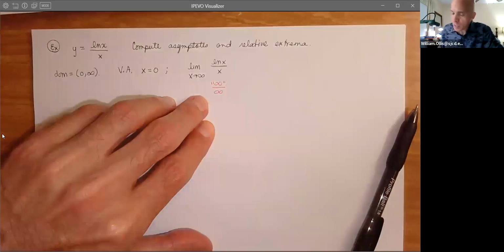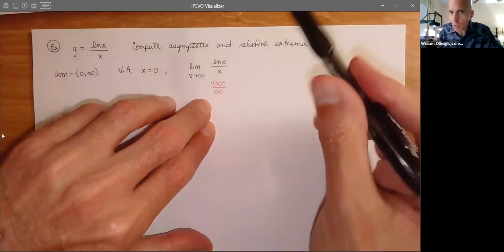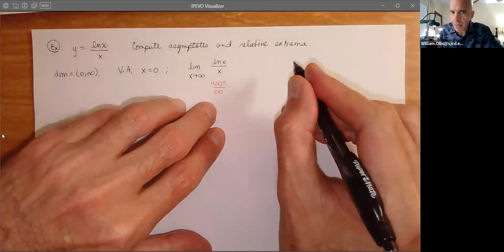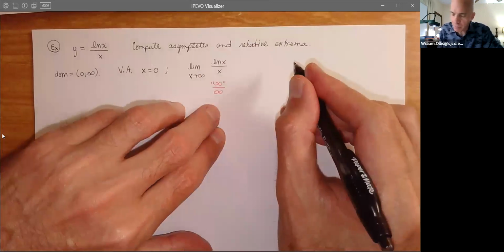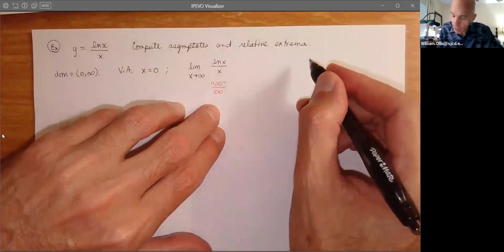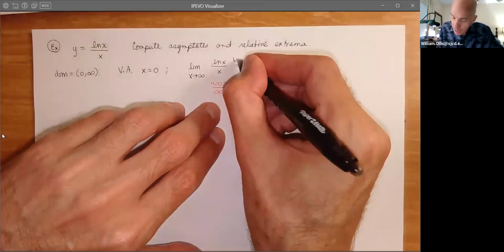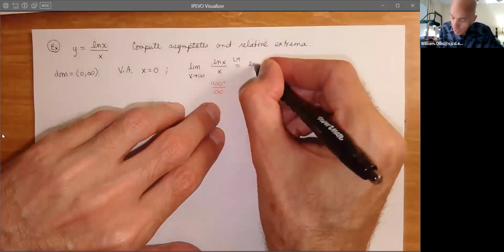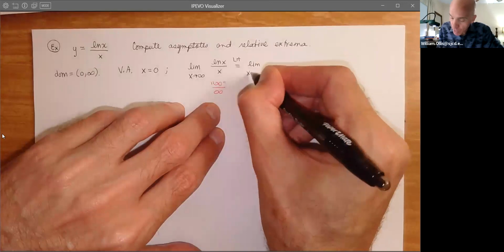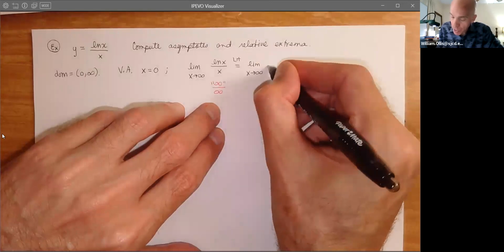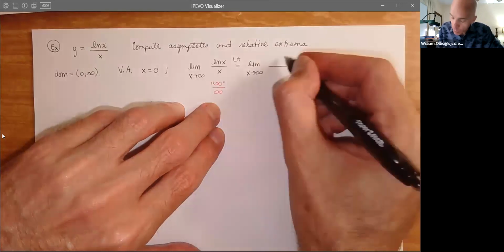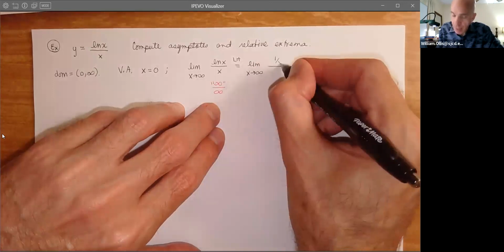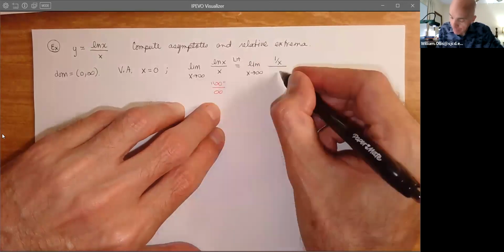But we pretty much feel that x grows faster than ln of x, but whatever, we can apply L'Hopital. So by L'Hopital, we get the limit as x approaches infinity of the derivative of ln of x, which is 1 over x, over the derivative of x, which is 1.